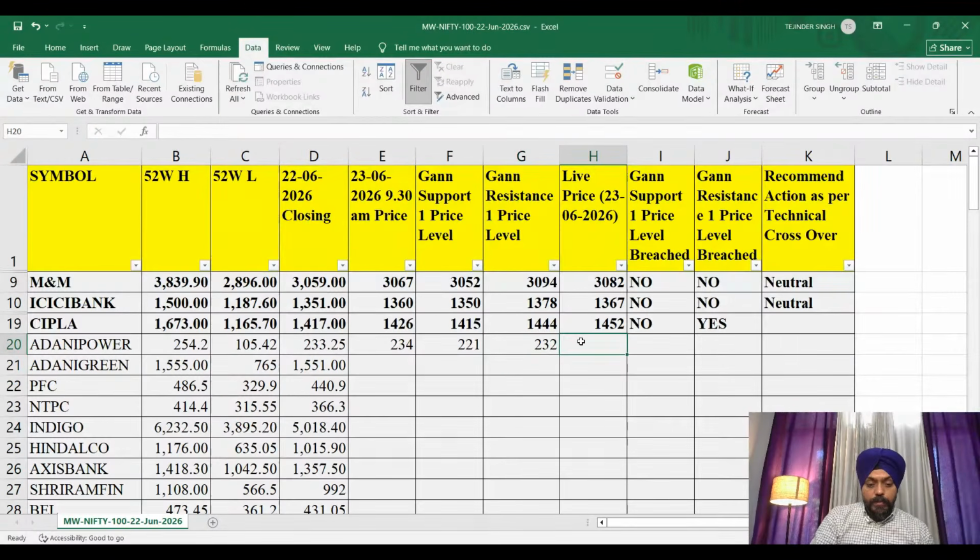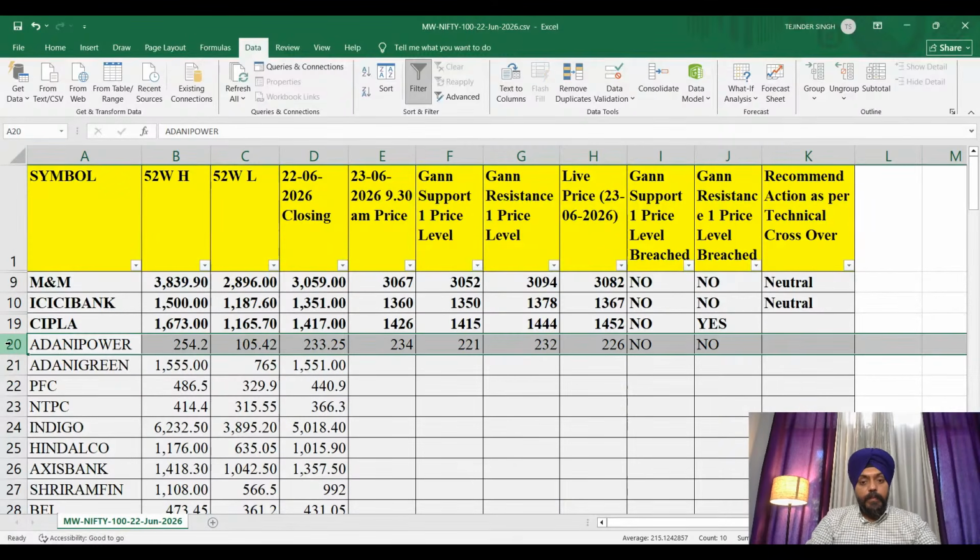Live price is 226. So you can see it's clearly bearish. Support 1 is about to be breached. If it goes below 221, it may be bearish as per the Gann square. As of now it is neutral.